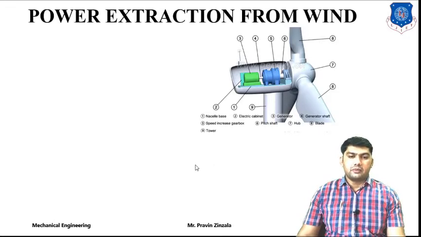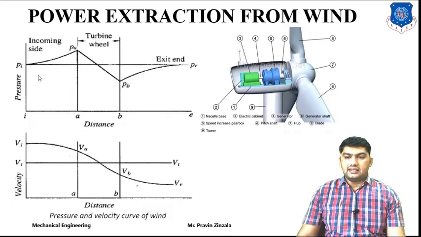By utilization of the different components we can extract the equation for the power of the wind turbine. First of all we discuss the pressure versus distance and velocity versus distance curves.